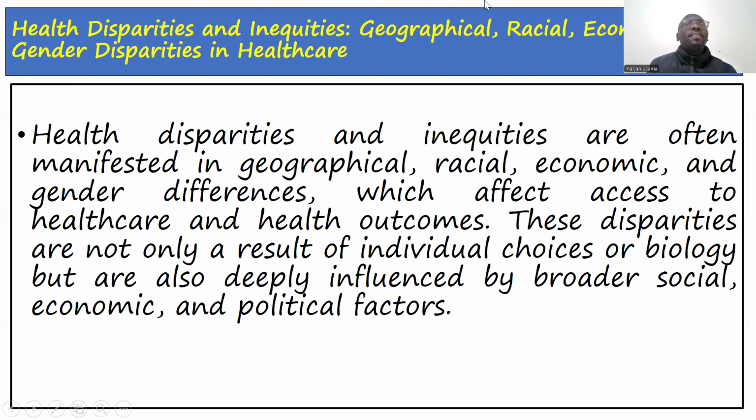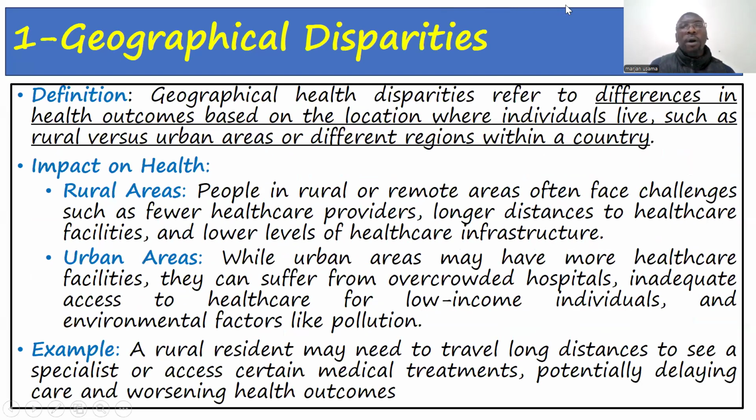Now, health disparities and inequities. We normally have what is known as geographical, racial, economic, and gender disparity in health. So all these, for example, when we talk about geographical disparities, geographical health disparity refers to differences in health outcomes based on the location where an individual lives, such as rural versus urban.